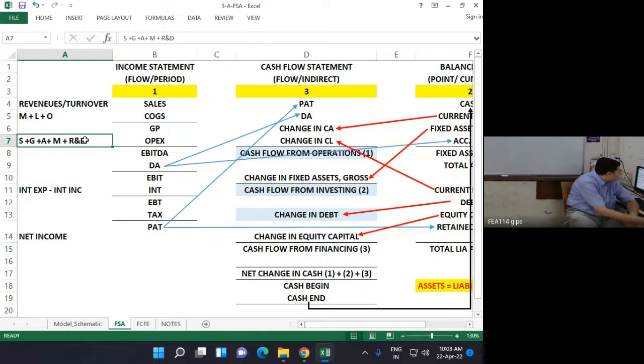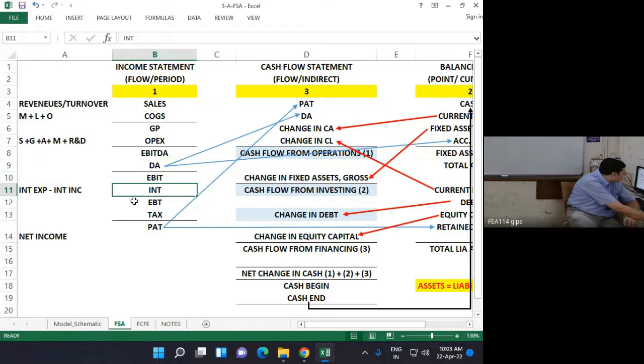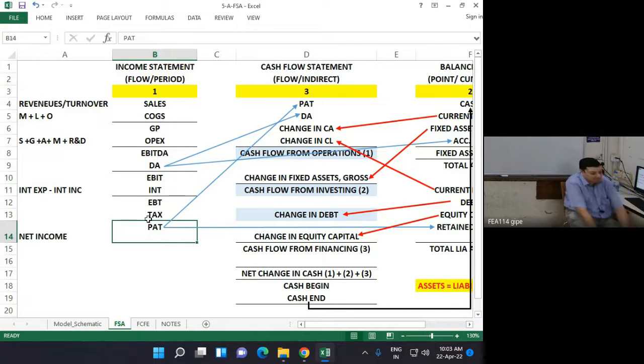Operational expenses comprise selling, general, administration, marketing, and research and development expenses. Then depreciation is removed, interest is removed, tax is removed. Sometimes, very rarely, there are restructuring expenses, in case there is an M&A or a spin-off.